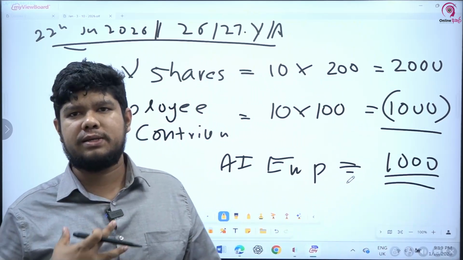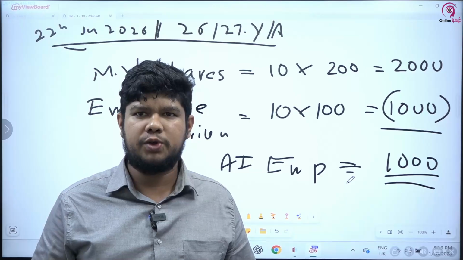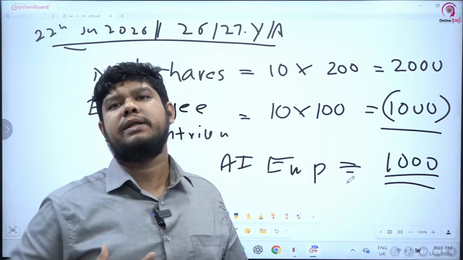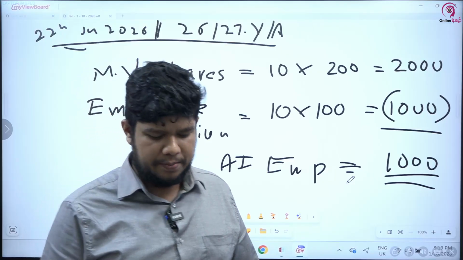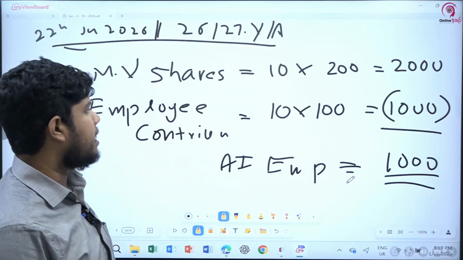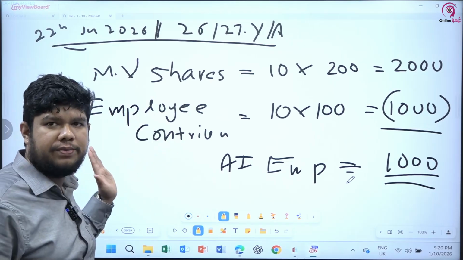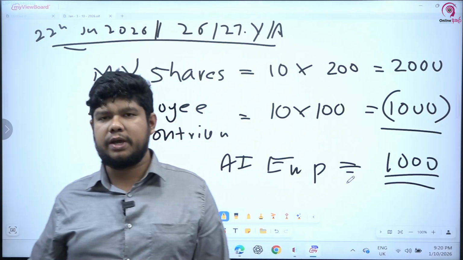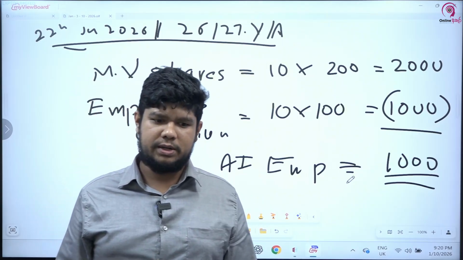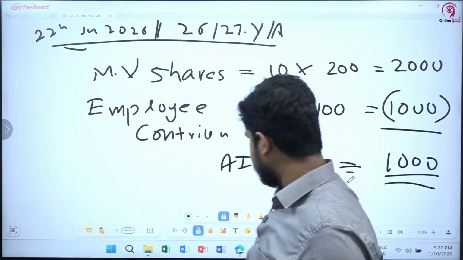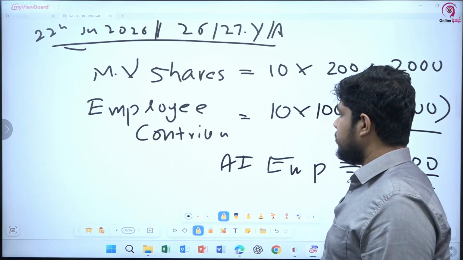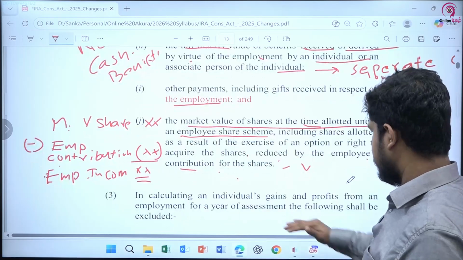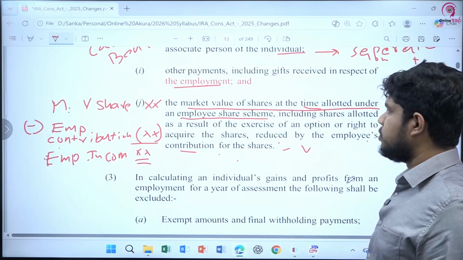What you need to take is, if shares of a company are given, you need to take the benefit at the time of allotting them in the employee's name, right? Not at the time of granting, not in the previous year when it was granted. At the time of allotment, you need to take it into your account. That's very important. We will discuss further when we discuss the exclusion part.